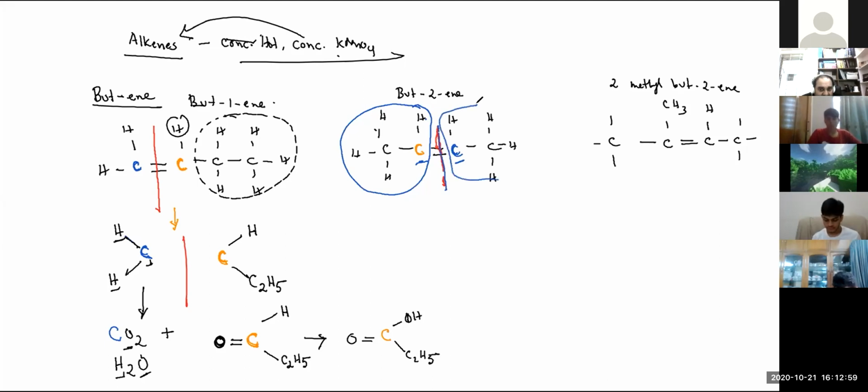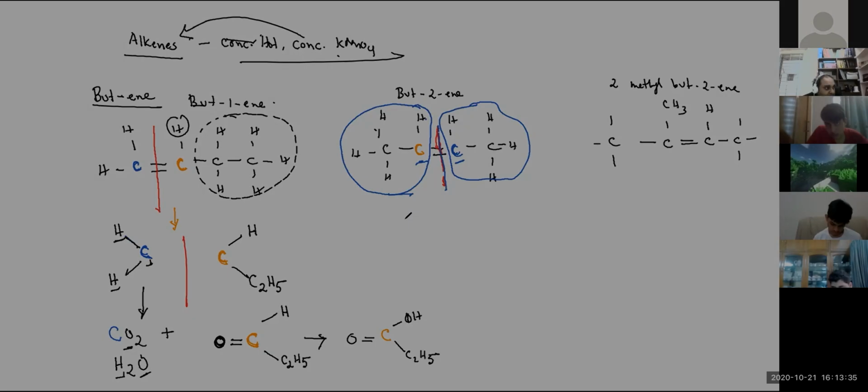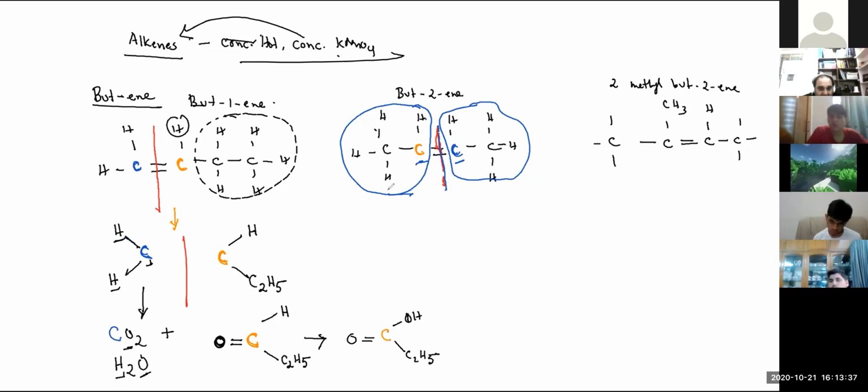This is going to form a carboxylic acid. Sarah Raida, can you tell me the name of the carboxylic acid which will eventually be formed? Ethanoic acid, because it has 2 carbons.